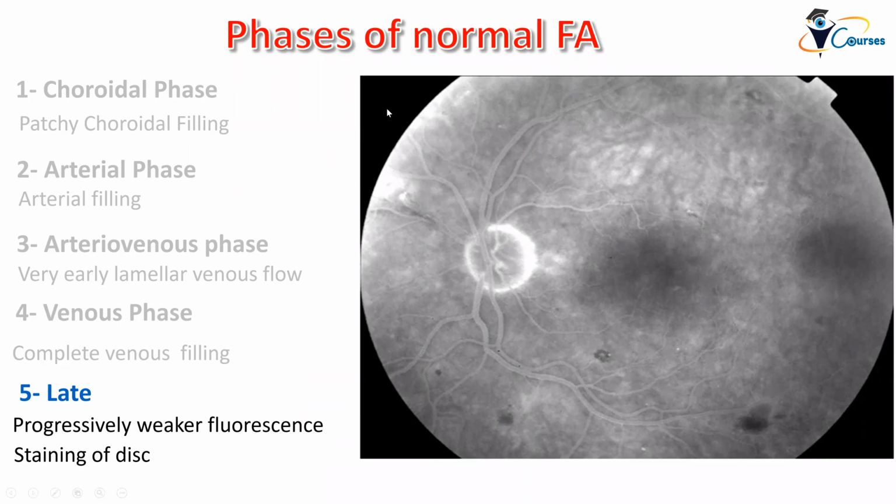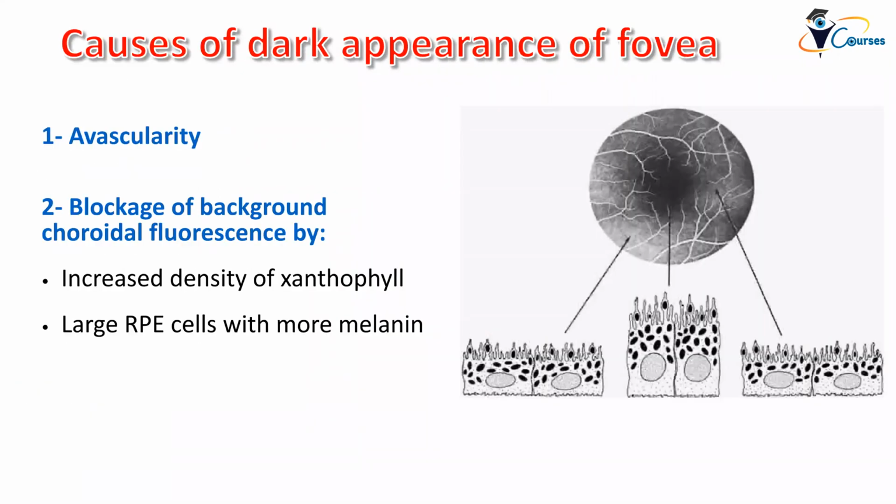So let's cover some topics which can sometimes be asked in the MCQs exam, like why the fovea looks dark. First of all, if you remember from the anatomy, the fovea is avascular. As you know, the presence of fluorescein in the blood vessels is what makes it look hyperfluorescent or whitish.